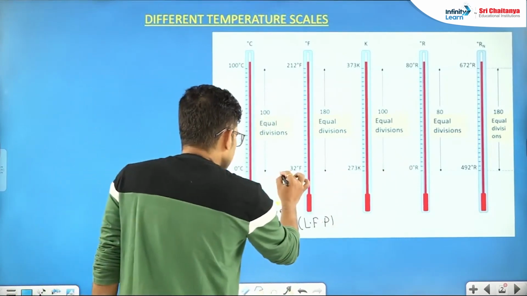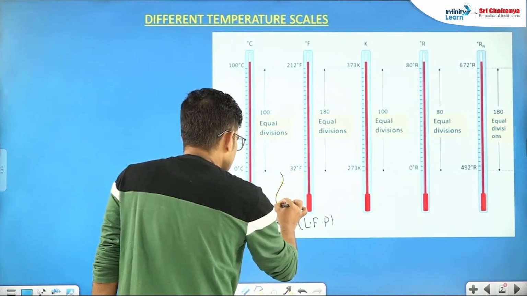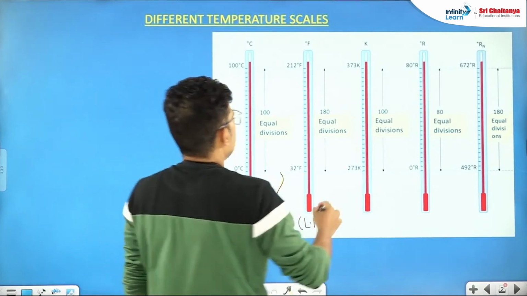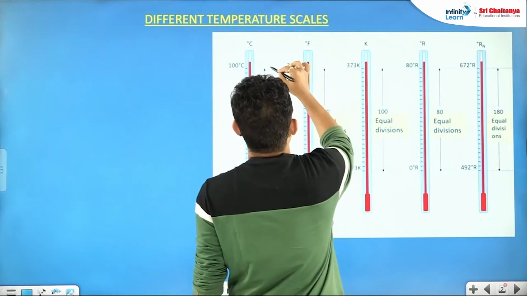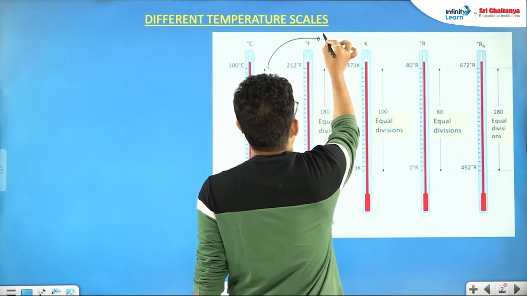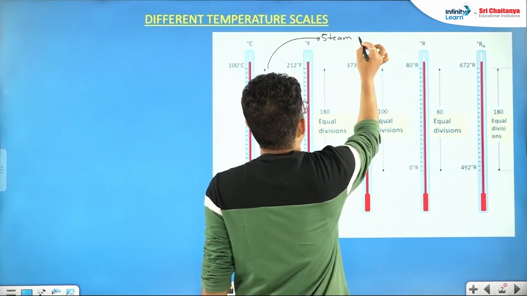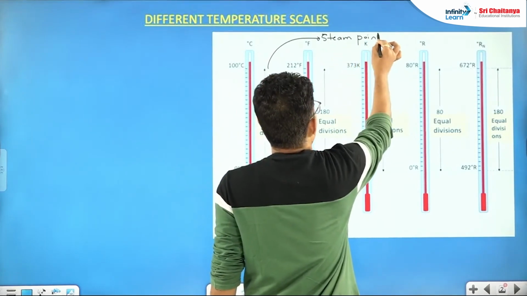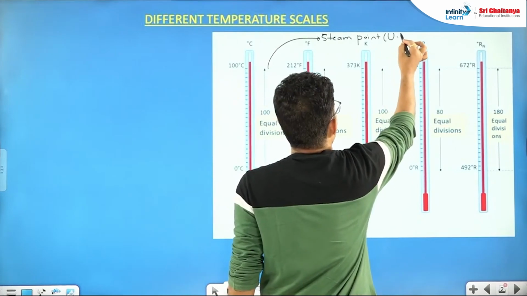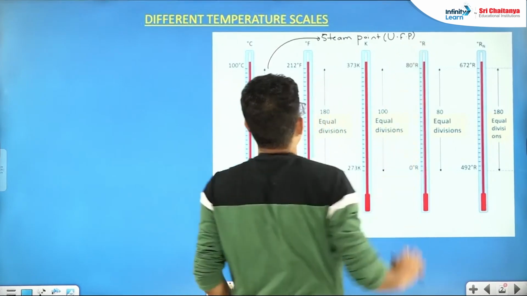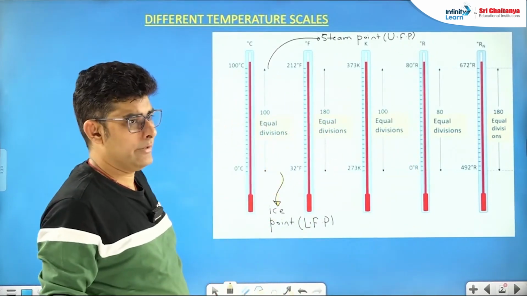Now you can see this line, upper one, this is steam point or the upper fixed point. For different thermometers we have different values.